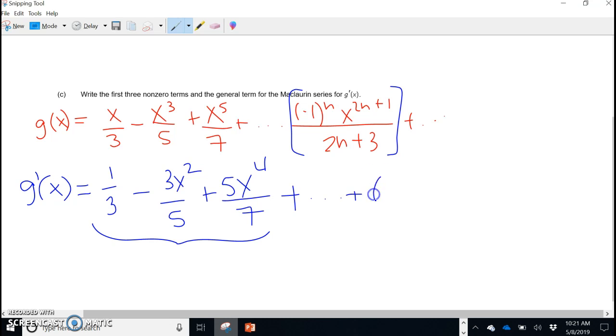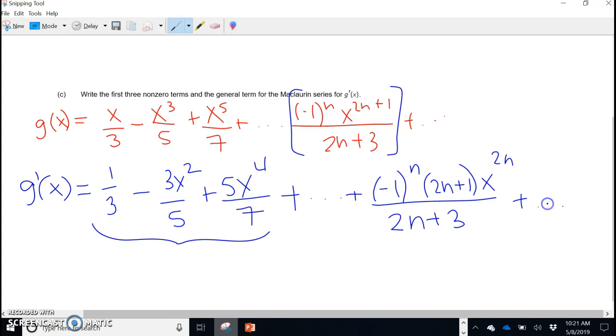So what I mean by that is the -1 to the n is just a constant, as is the 2n plus 3 down here. So the derivative would only need to be taken on the x to the power, and the power rule states that you get to bring the power down and then subtract 1 from the power. So 2n plus 1 minus 1 actually just gets me a power of 2n.